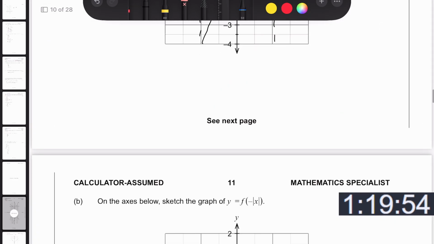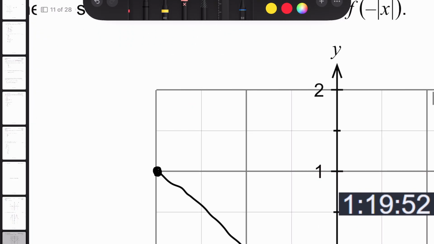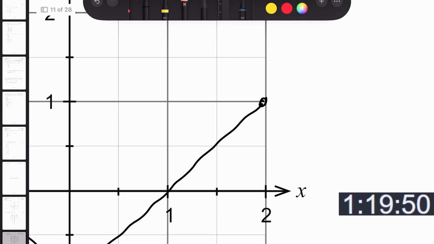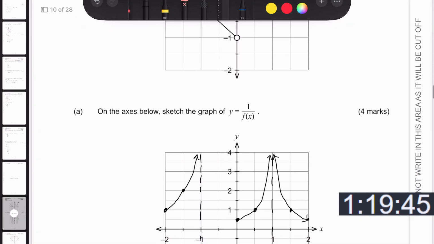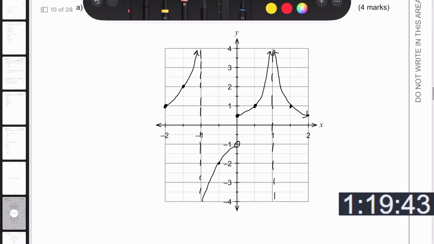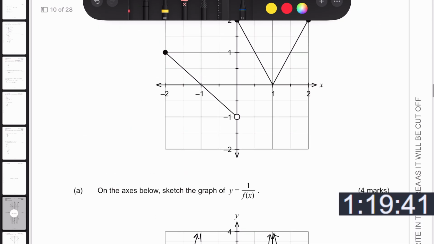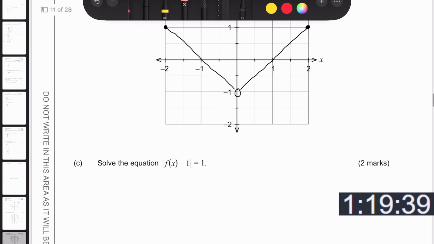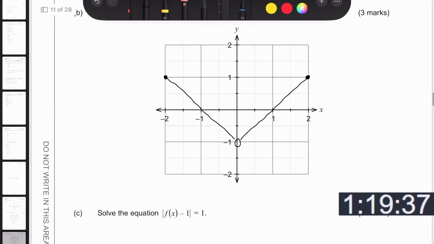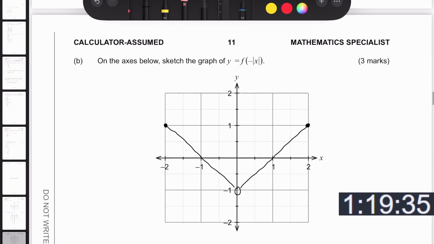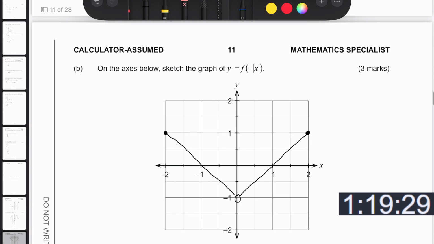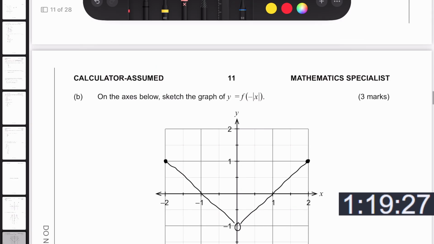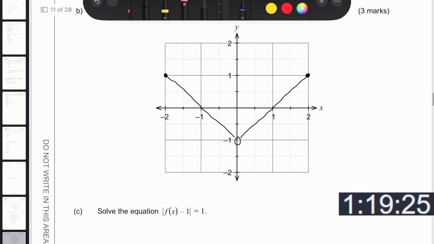And then closed dots here and closed dots there. I draw my closed dots, half and a half, and I draw them there, yep. I think this is right. Negative absolute value of x.